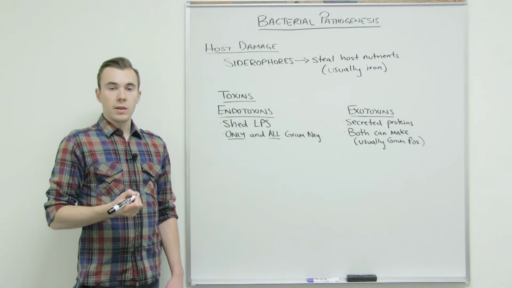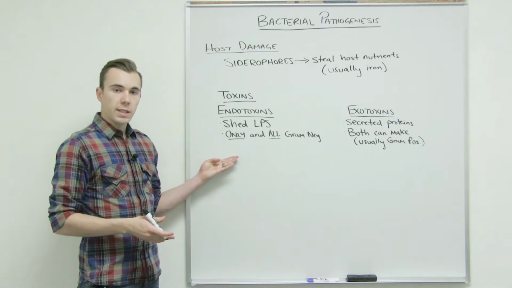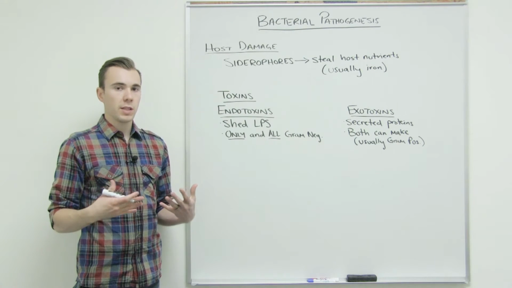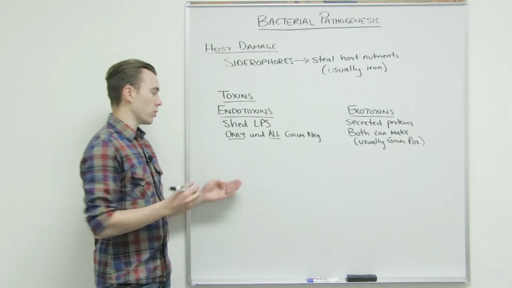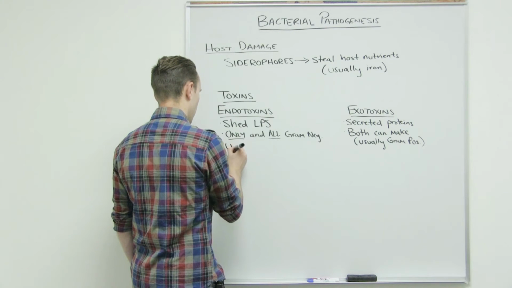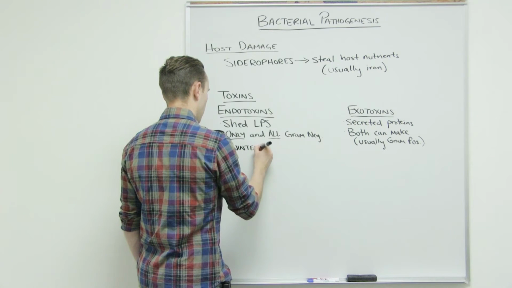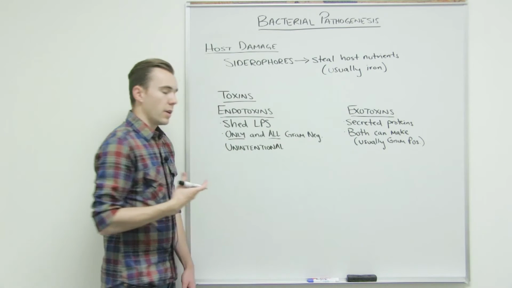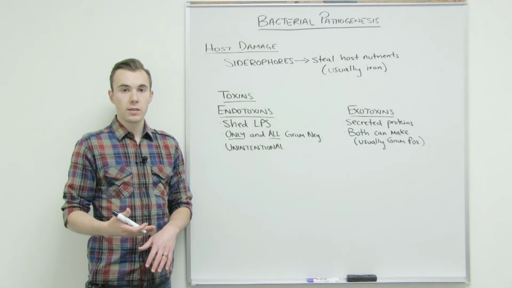The next thing we need to understand is whether or not these are doing it intentionally. So LPS is part of the outer membrane. It's not something that the gram-negative bacteria is purposely making to make us sick. So this is unintentional. Imagine how we have our skin layer, and our skin sloughs off and sheds constantly.